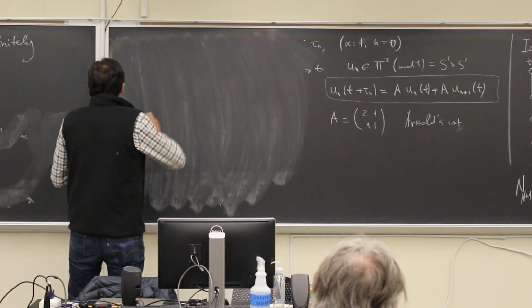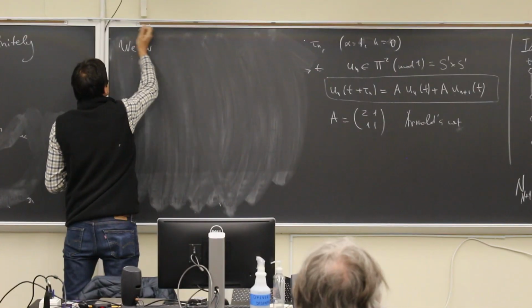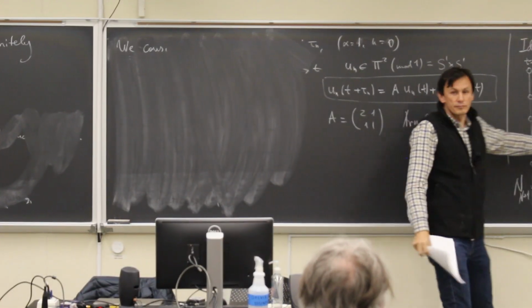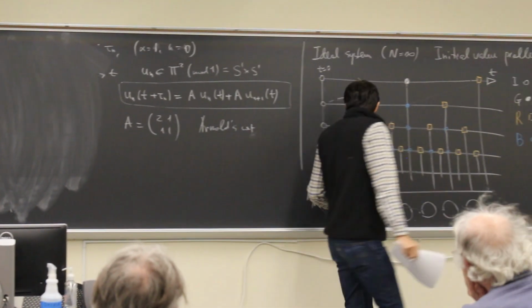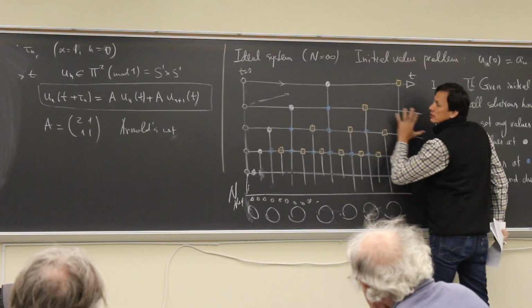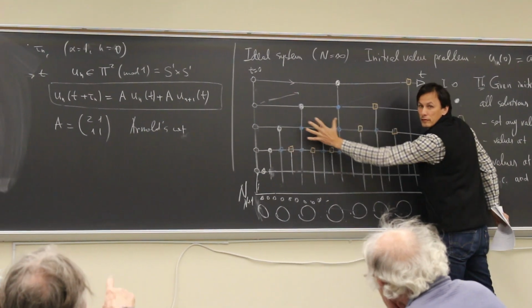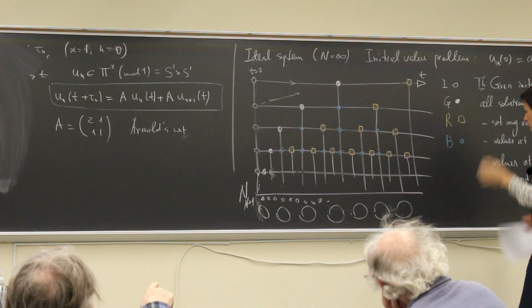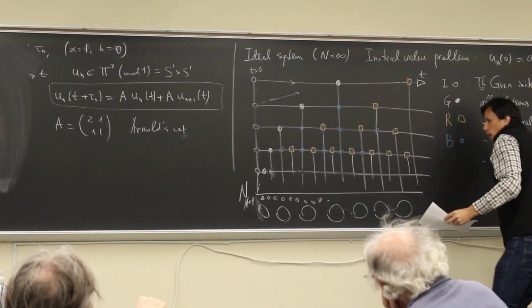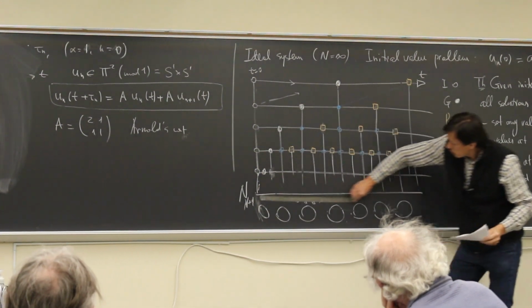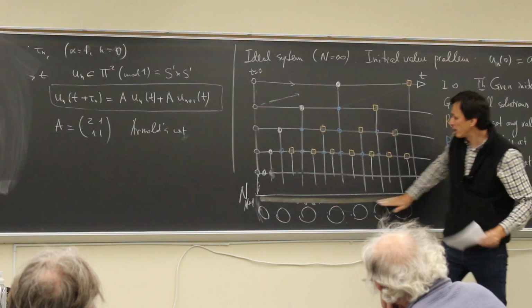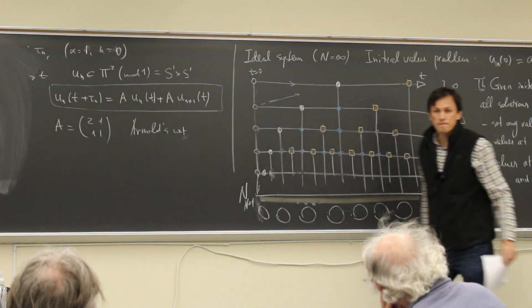I will write the theorem, but first let's write the limits. The equations are satisfied for each realization of the noise. I put noise here, and whenever you put noise here, the solution is defined uniquely by these values and these values.